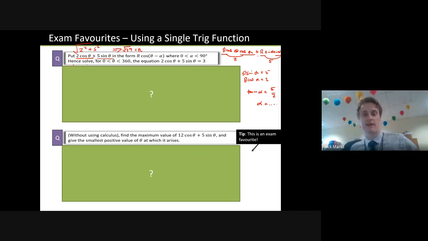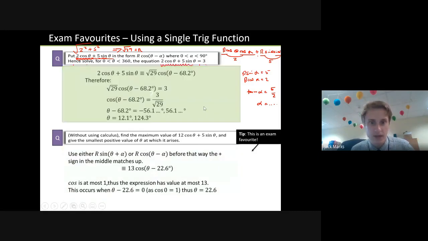So let's focus now on the rest of the question then. So hence solve the equation this equals 3. Well, look, that is exactly the same as that part there. So I need to take my answer and set it equal to 3. So where is my answer?